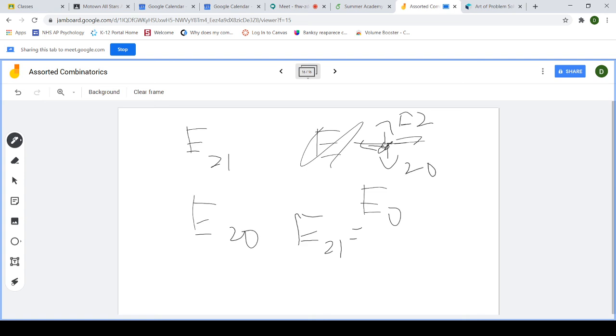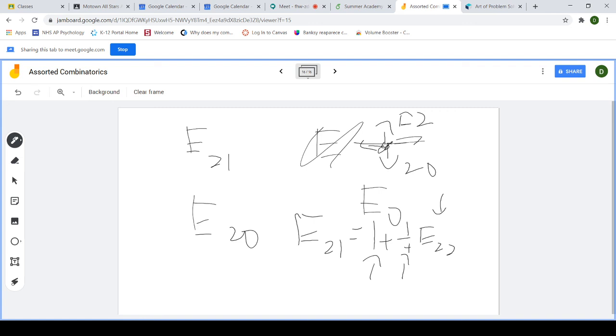So the expected number of jumps it takes to reach the river from E21 is just 1, if we take one jump, and then we add to this 1/4, the probability we go to y equals 22, multiplied by the expected number of jumps it takes to get to the river starting at y equals 22.